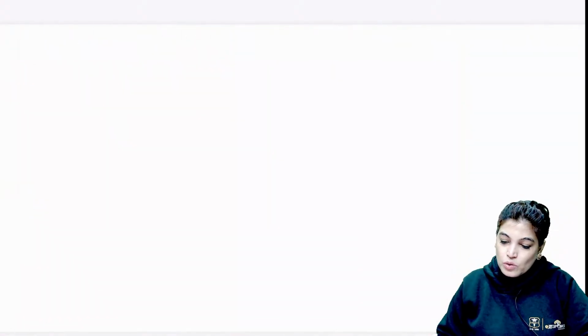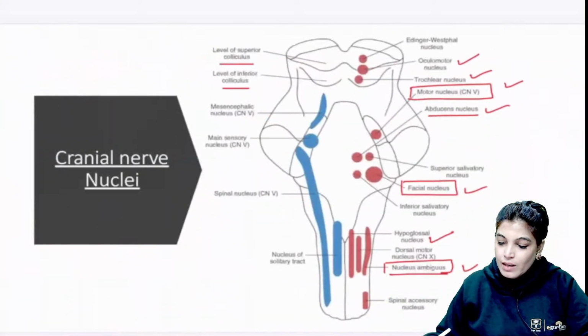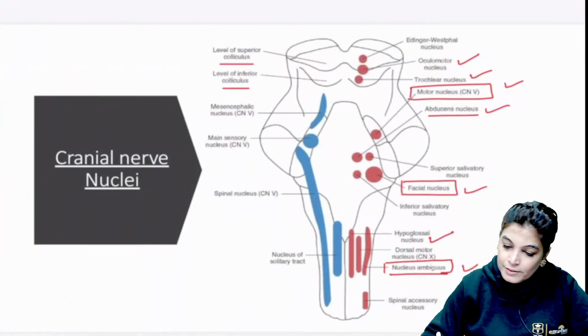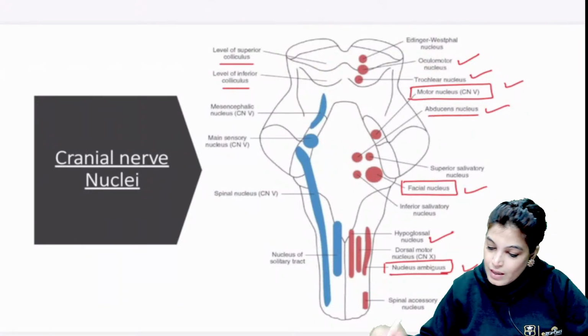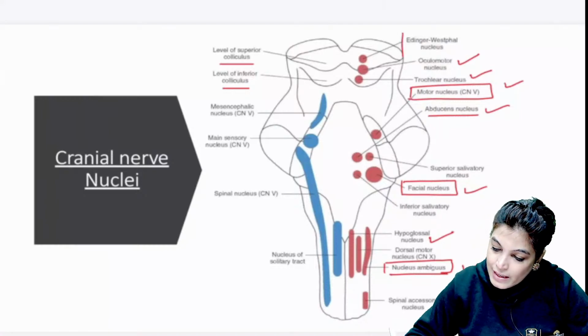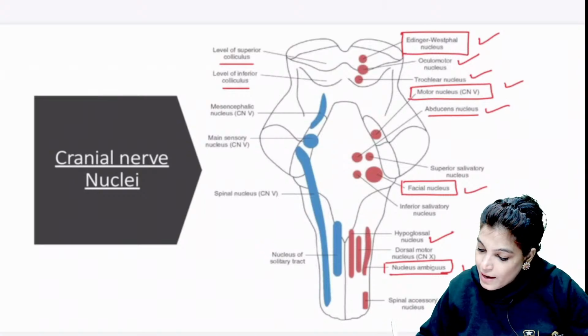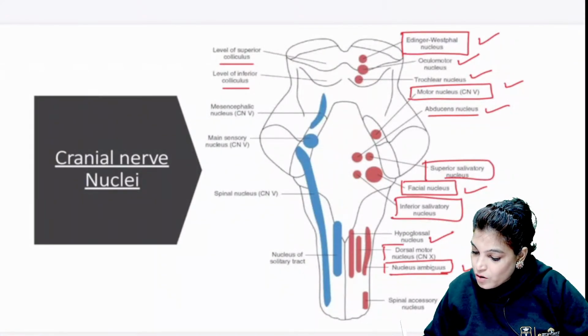Now I just want you to show the location. Once again, come to this image where you can see the general visceral efferent category. In this category we have the Edinger-Westphal nucleus close to the oculomotor nucleus, the superior salivary, the inferior salivary, and the dorsal nucleus of vagus.